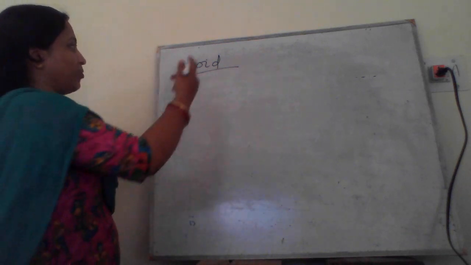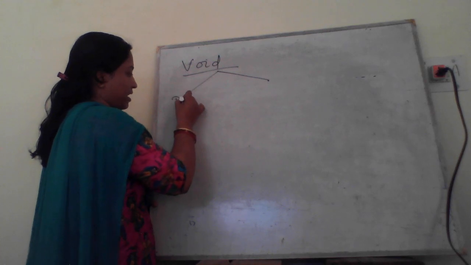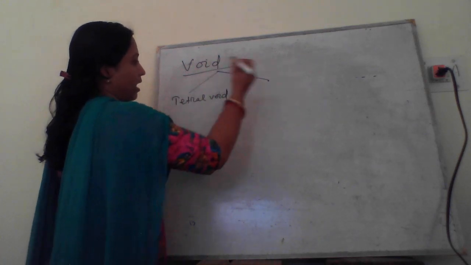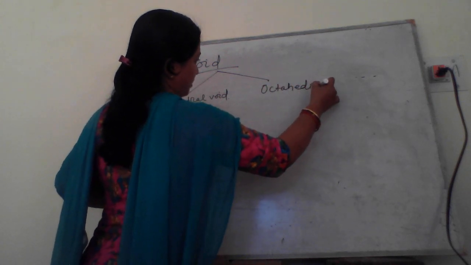So generally voids are of two types: tetrahedral void and octahedral void.